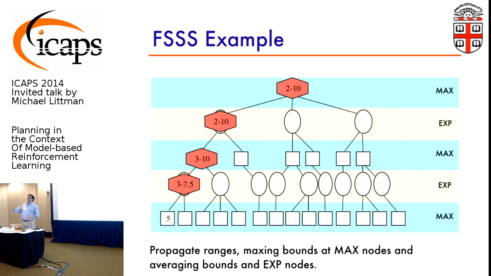And then I can use those bounds to decide how to dive down again the next time. In particular, at a max node, I'm always going to dive down to whichever one has the highest upper bound. This is that optimism idea coming out again. And if there's a tie there, then whichever one has the widest range. And at the chance nodes, I will go to whichever side has the largest range of possible values.